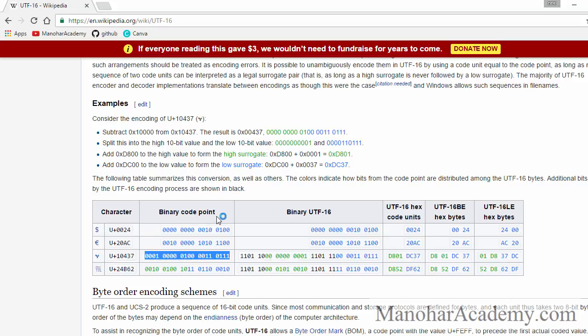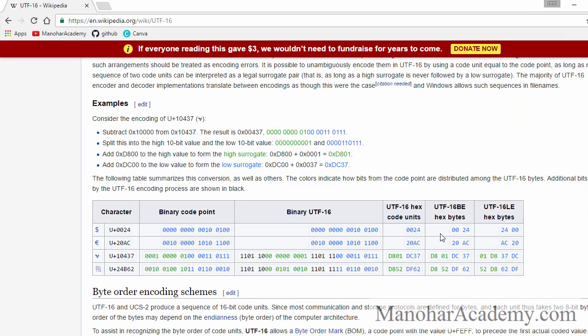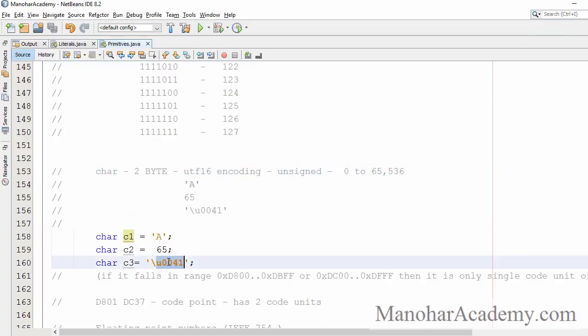Some code points, for example the dollar symbol, need only one char, because it has 2 bytes and it can save the value 0024.